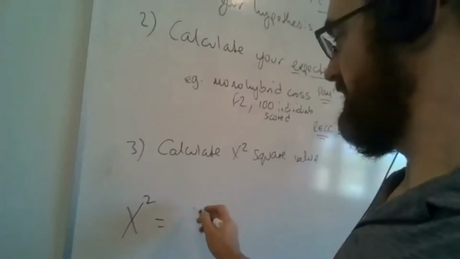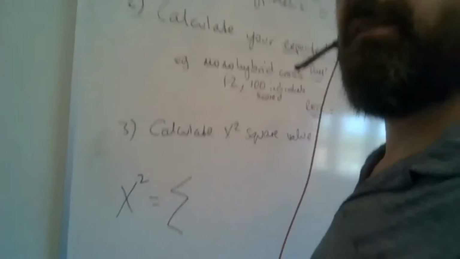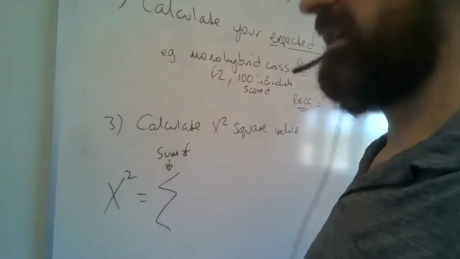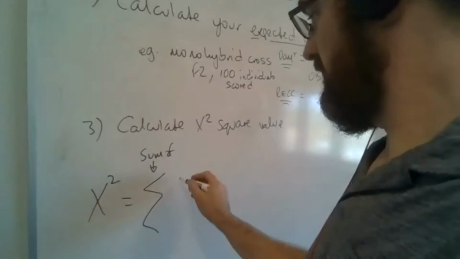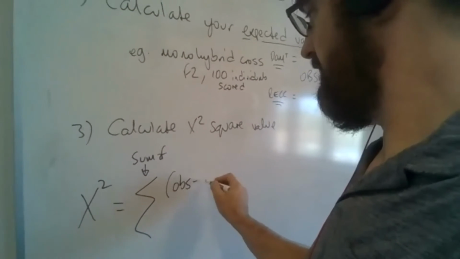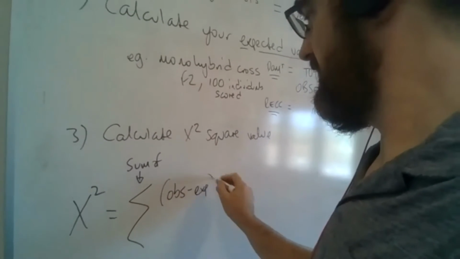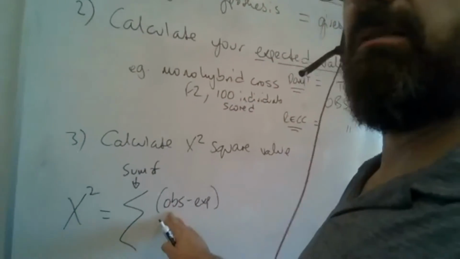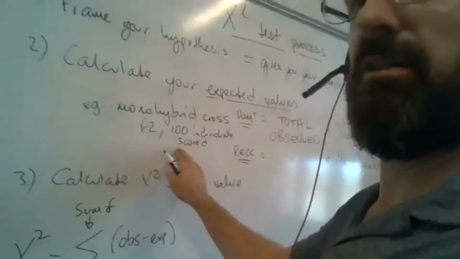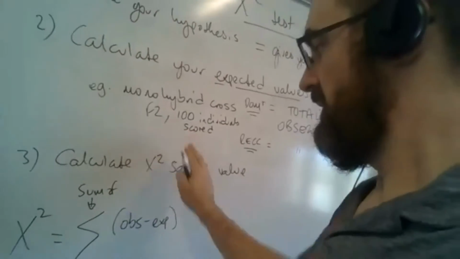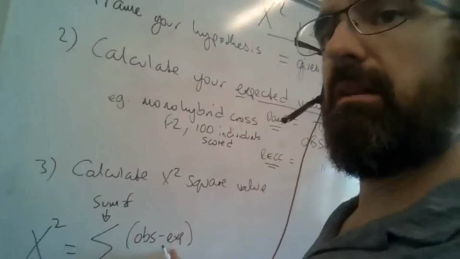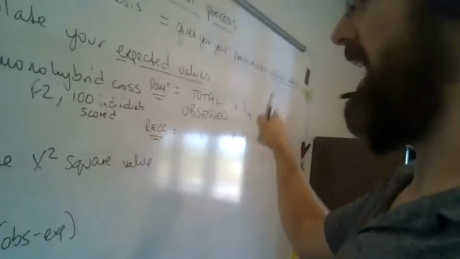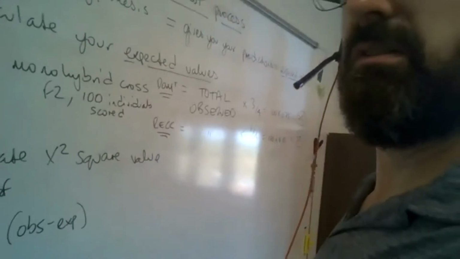This is that, which means sum of observed minus expected. So these are what we actually record to get our total of 100, minus what we think we should get, which is calculated using that number and our fractions.